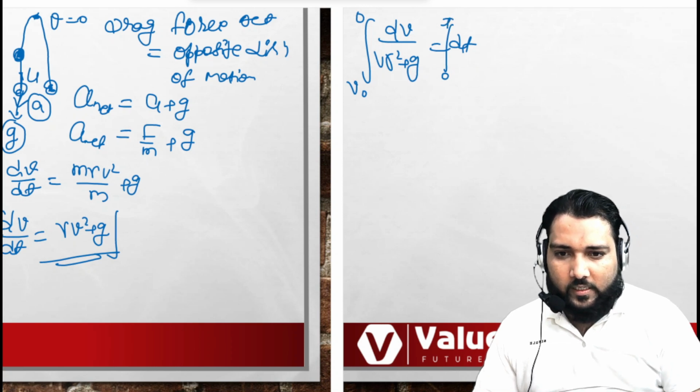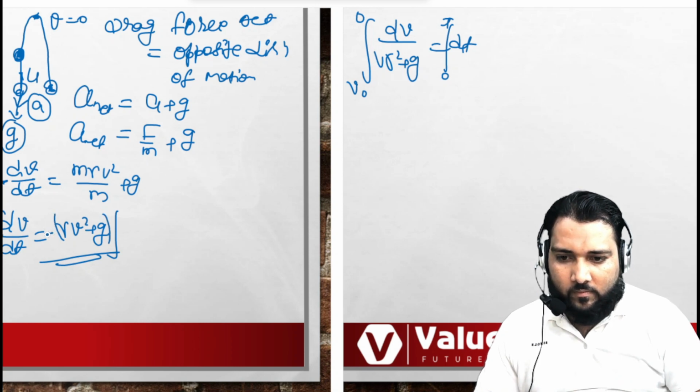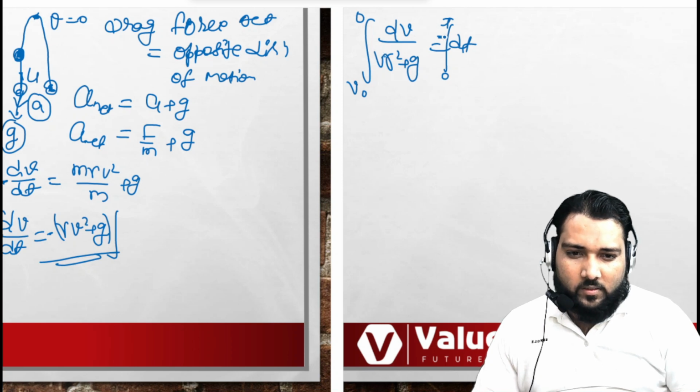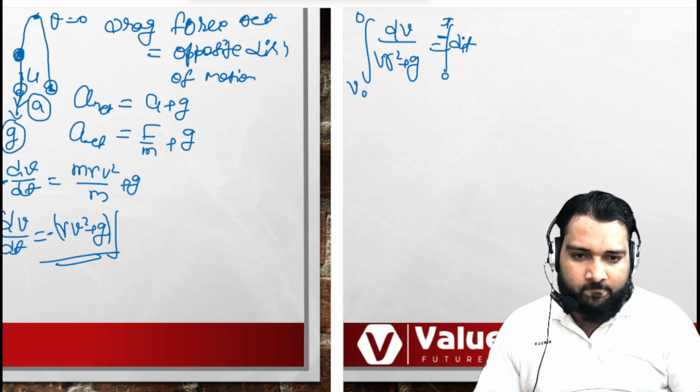Okay, and the acceleration acts in the downward direction, so a minus sign will come here. This minus is balanced by going from initial velocity v naught to 0 velocity.